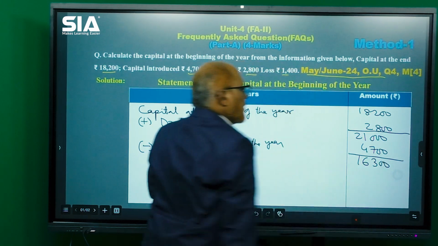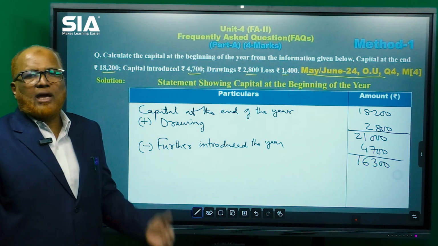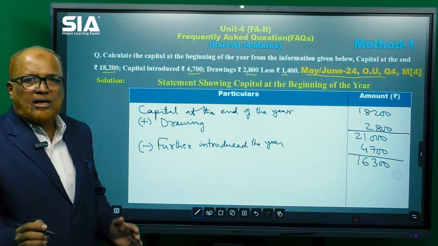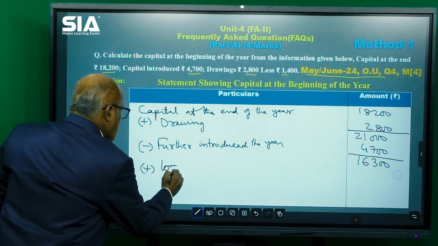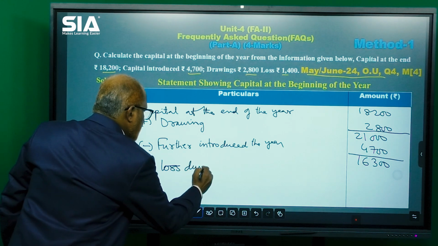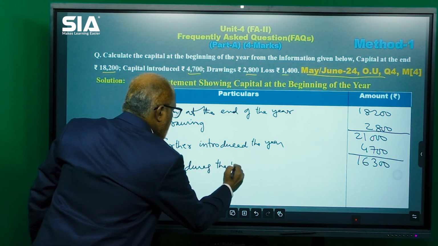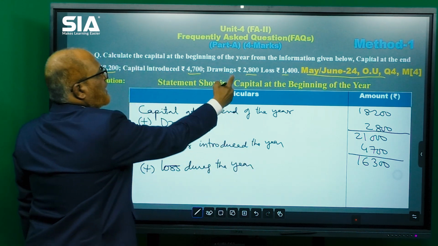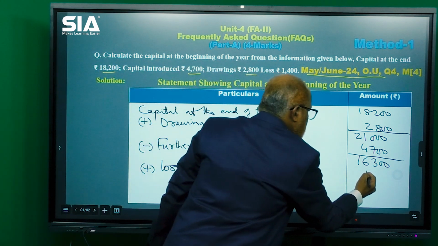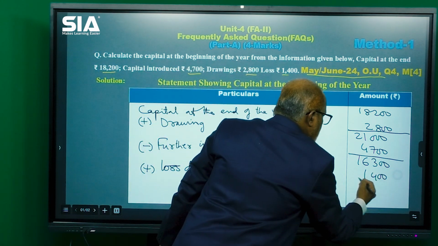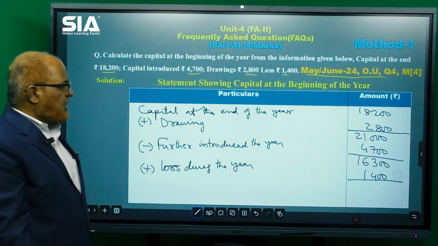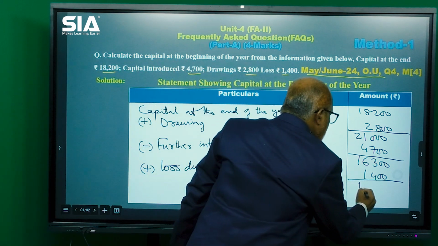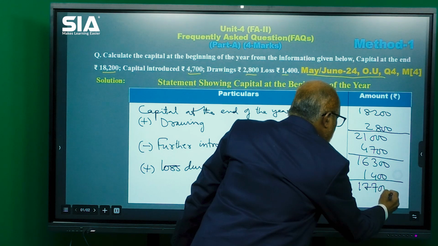16,300. Now, to this we add the loss incurred during the year, plus loss during the year. The loss during the year is 1,400. So what I am doing here, 1,400, I am adding the loss incurred during the year. So it will become 17,700.